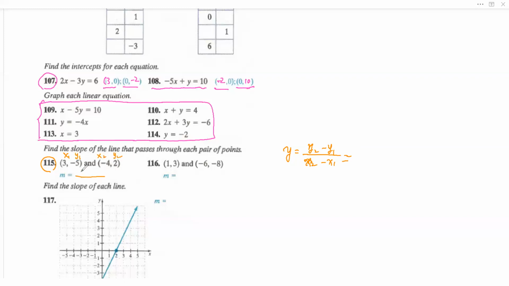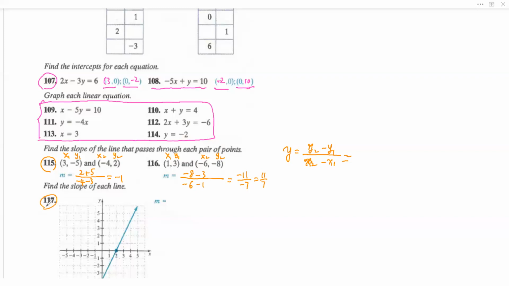So you get 2 minus 5 over x2 minus x1, so you get -1, right? For the second one, x1, y1, x2, y2. So you get y2, -8 minus 3, over x2. So you get -11 over -7, so 11 over 7, right?